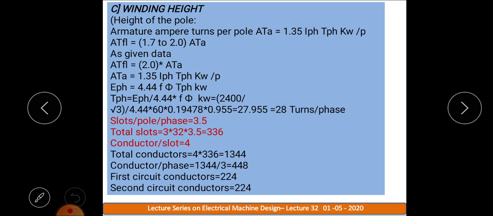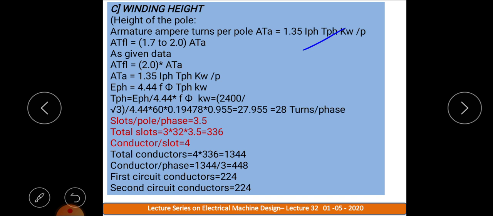So for that purpose the armature ampere turns is taken as 1.35 multiplied by IPH multiplied by TPH multiplied by kW divided by P. IPH is current per phase, TPH is turns per phase, kW is winding factor, stator winding factor, and P is number of poles.